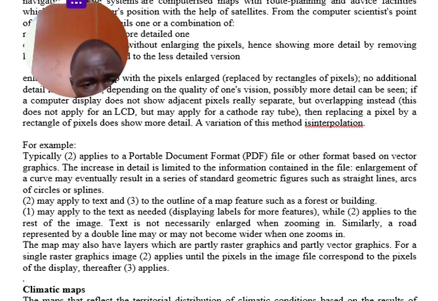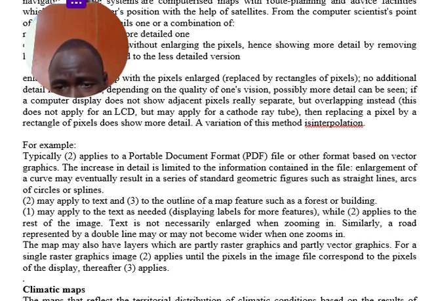Below these ones they are trying to give us examples, that is, what we call the portable document format. This format accepts data in the form of vector graphics, and it also deals with information gathered in the form of a series of standard geometric figures.